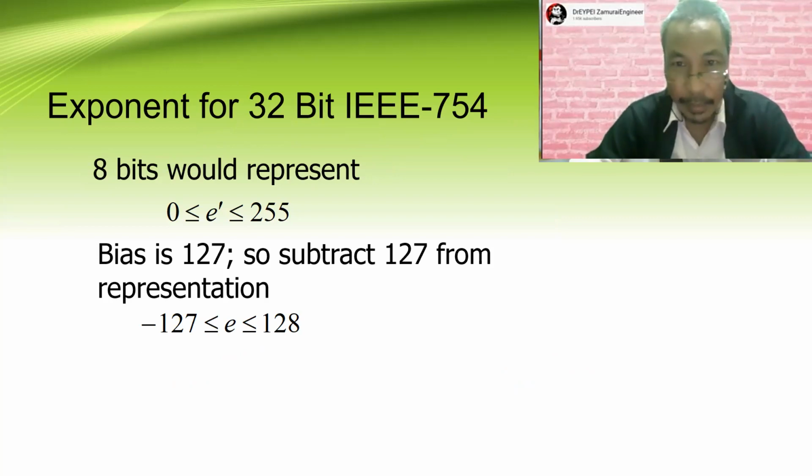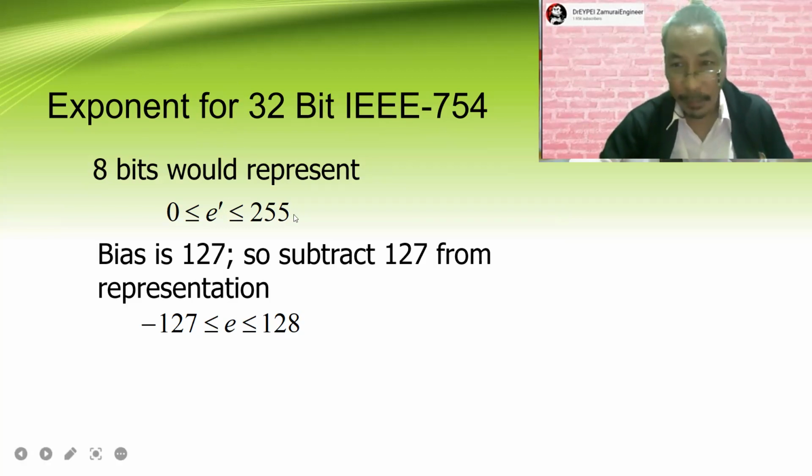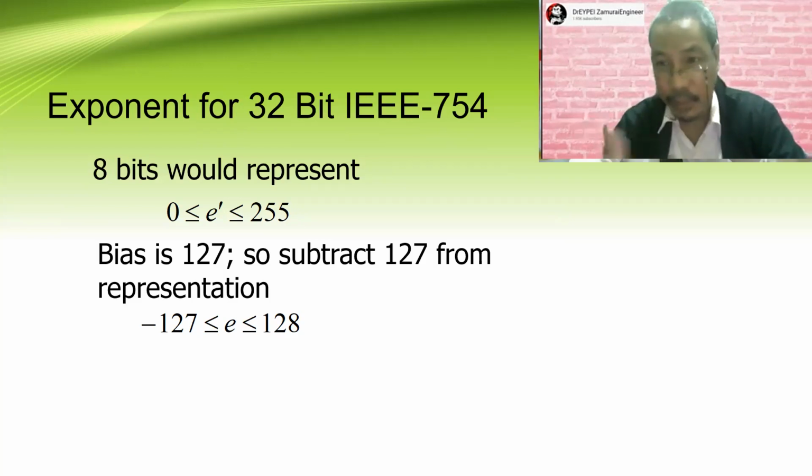According to IEEE 754, the standard for representation, 8 bits would represent this one, from 0 to 255, because 2 to the 8 is 256. So that's why it is from 0 to 255. You can confirm that. Please confirm 2 to the 8 is equal to 256.